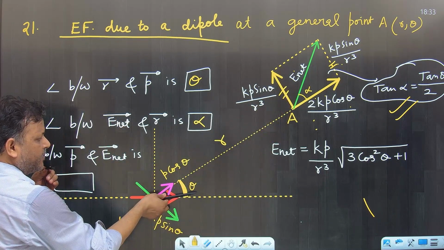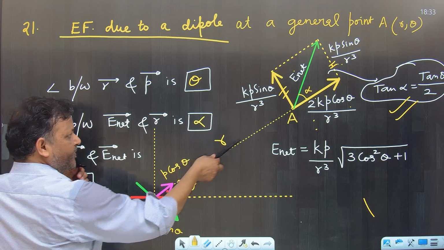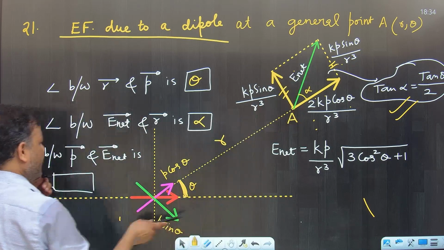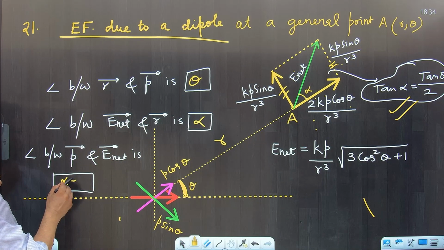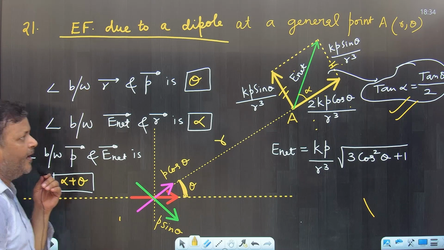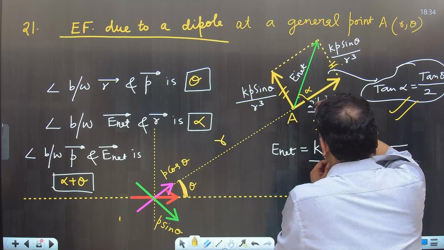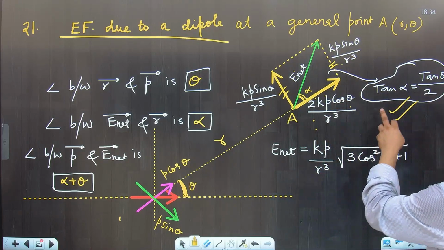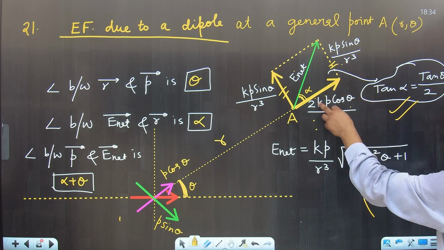First you rotate in this direction by theta, then again by alpha. So the angle between E net and p will be alpha plus theta, right? And you can get tan alpha, that is the angle between r vector and E net, that will be tan alpha, and that will be this by this, that is tan theta by 2.